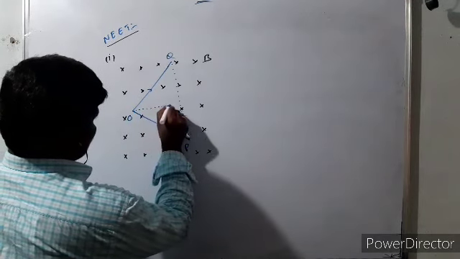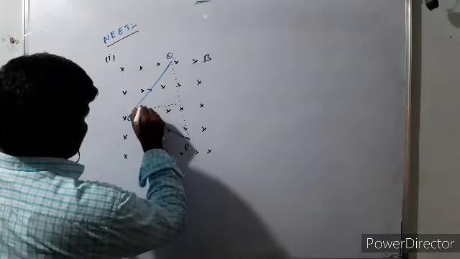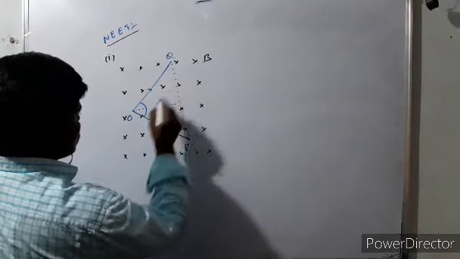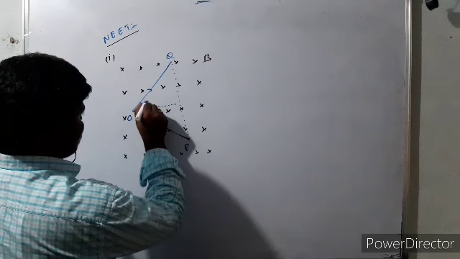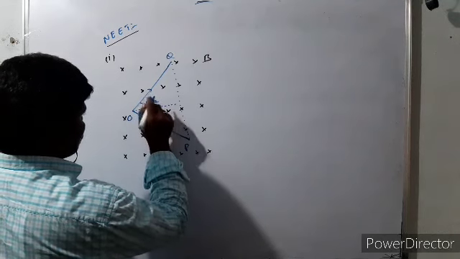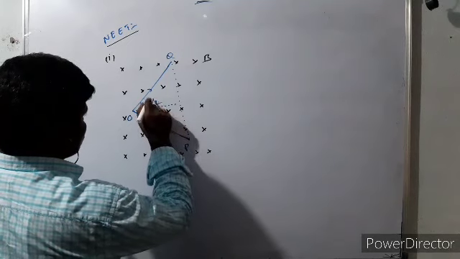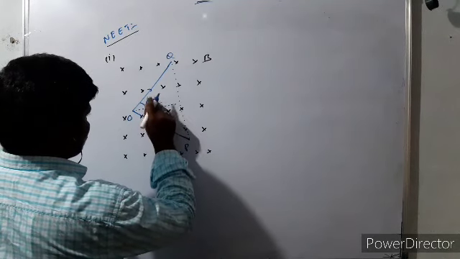I'm dividing this into equal parts. Let theta be the angle between these two parts, PO and OQ. Now, divide that angle into two parts, theta by 2 and theta by 2.